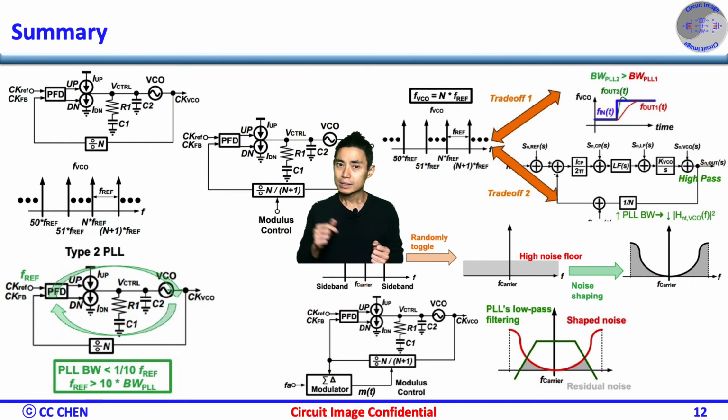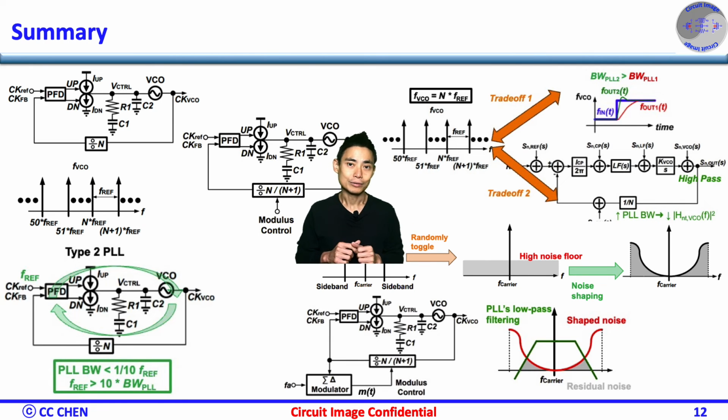Therefore, we need another fractional PLL to decouple the output frequency step from the input reference frequency, such that a wider loop bandwidth can be achieved to realize the fast PLL settling, higher VCO phase noise suppression, and lower amplification of reference phase noise through a much smaller value of multiplying factors.